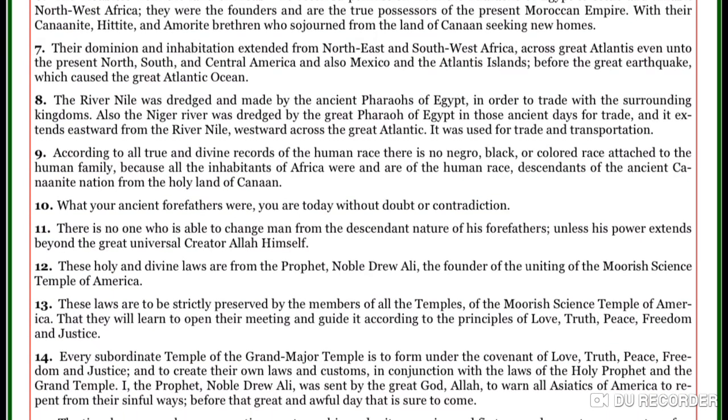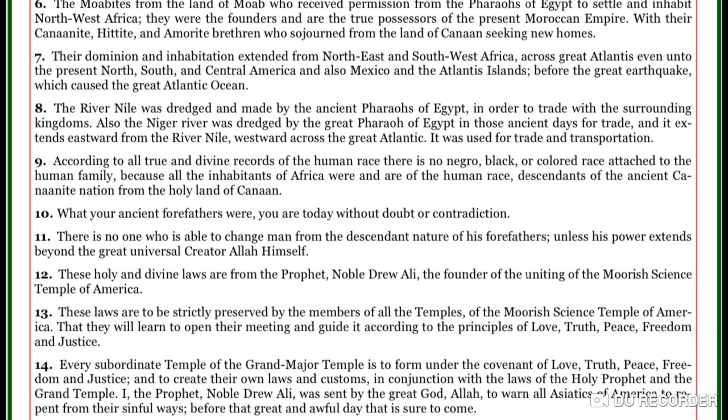Their domain and inhabitation extended from the northeast and southwest across the great Atlantis into the present North, South, and Central America, and also Mexico and the Atlantis Islands before the Great Earthquake which caused the Great Atlantic Ocean.